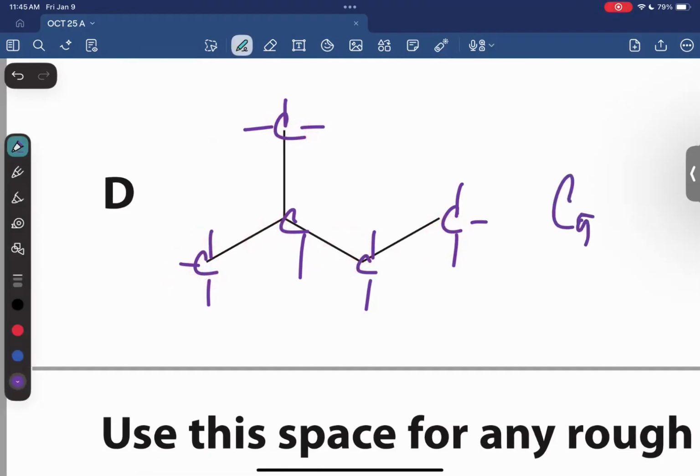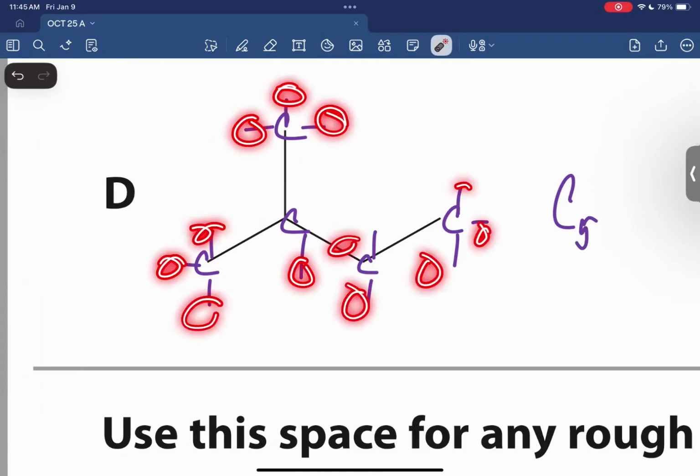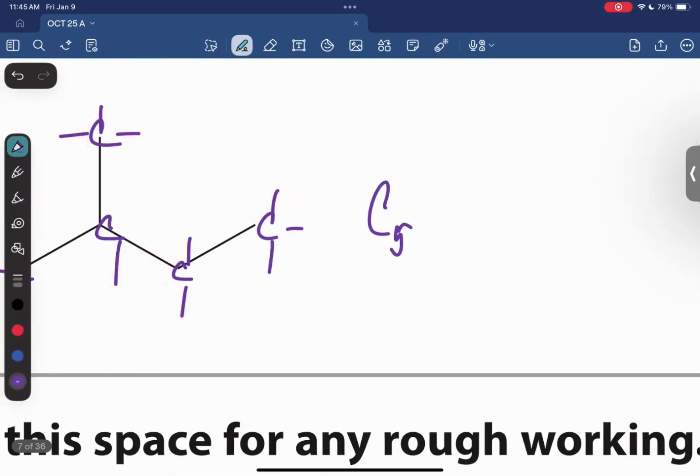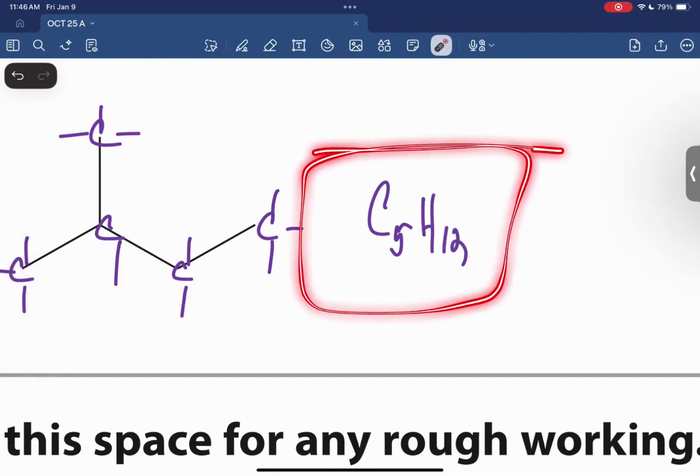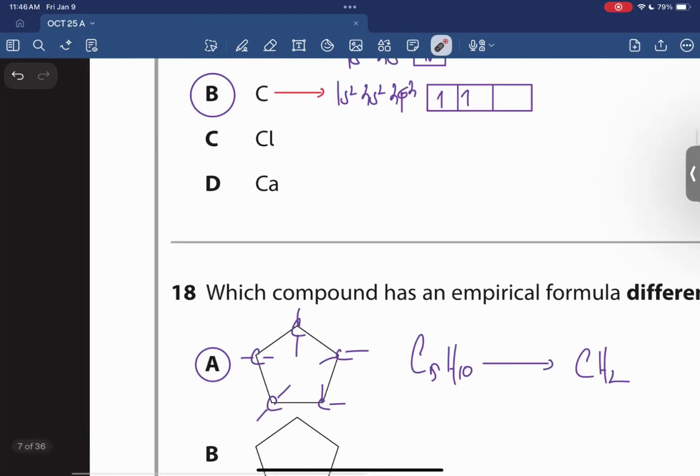And how many hydrogens are there? 1 through 12. We have 12 hydrogens, H12. Now you basically cannot simplify these, right? So it has the same molecular formula and empirical formula, okay? So A should be the answer, okay?